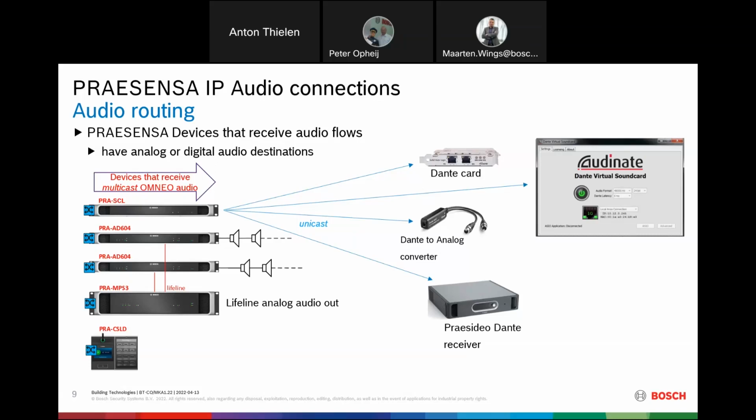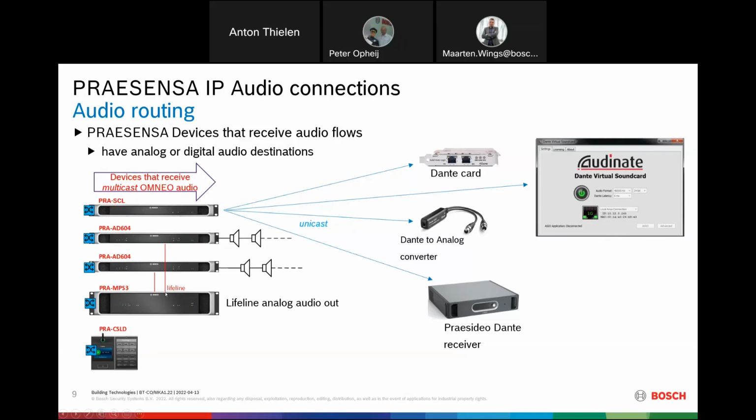This lifeline is a little bit different. That means in case this internal switch might break off the PRAESENSA amplifier, then you still have a backup through the MPS. So that means in case the switch breaks, then still the highest priority audio is played out on the lifeline.